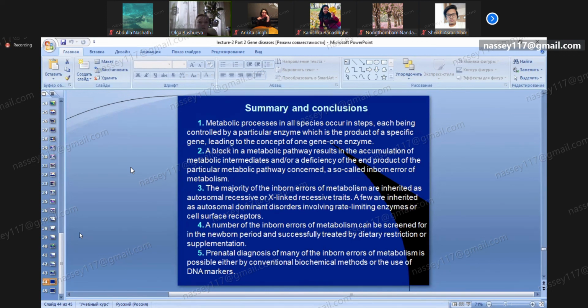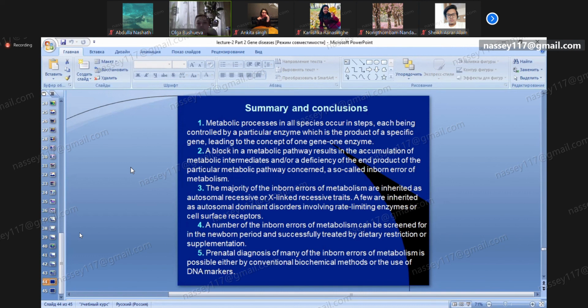A number of the inborn errors of metabolism can be screened for in the newborn period and successfully treated by a dietary restriction or supplementation.